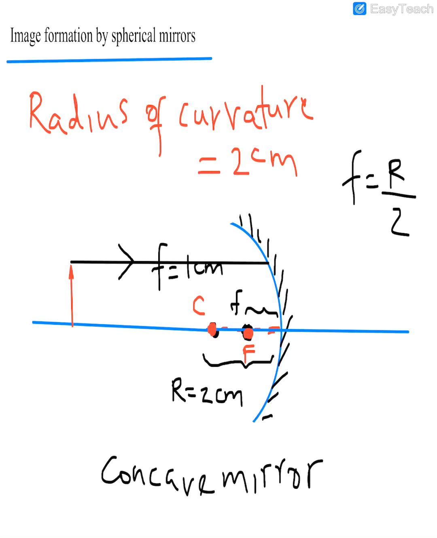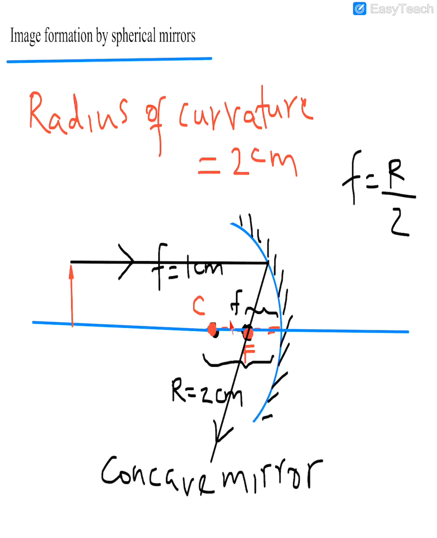That is the rule. Since it is moving like this, you must put the arrow like this. This is the first rule. We applied rule 1 here. You got one reflected ray.